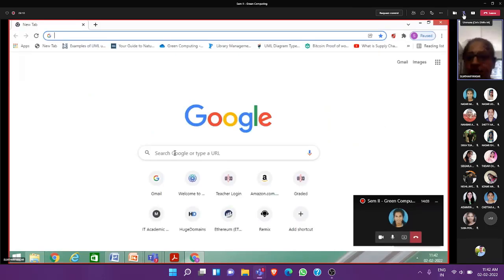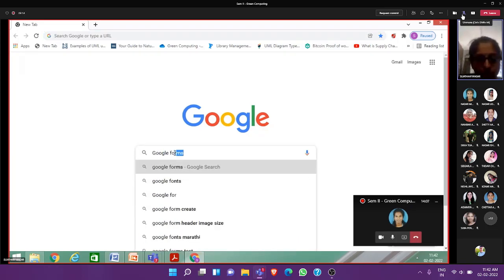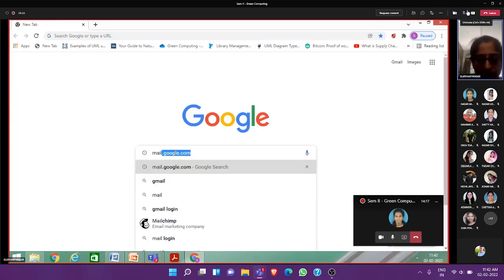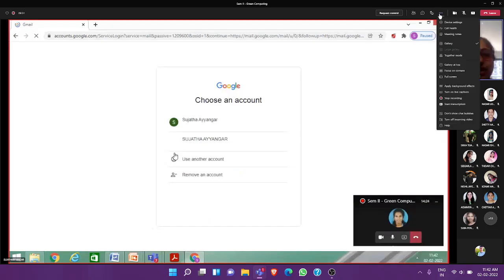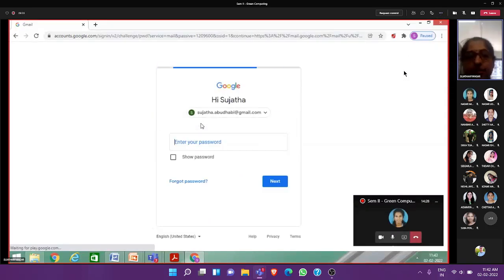See, there are two ways you can directly find Google Form creation or Google quiz creation. You can type it, so this is one way. Or you go to your mail. Everyone must have a Google mail ID, a Gmail ID, and log into that ID.